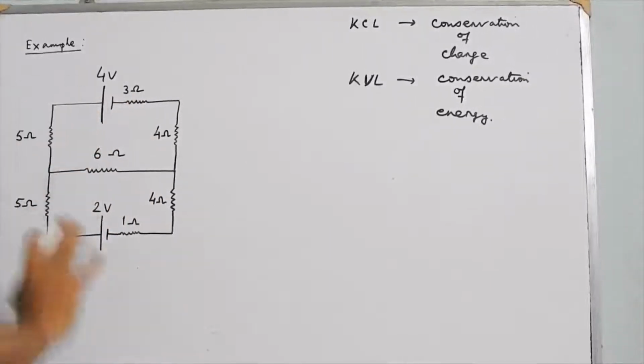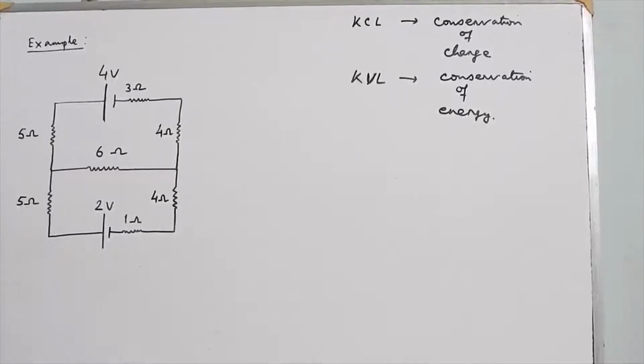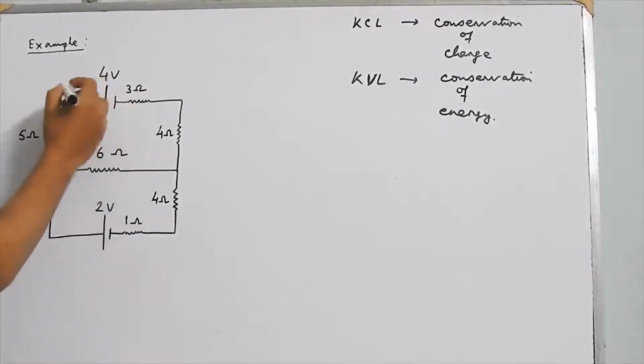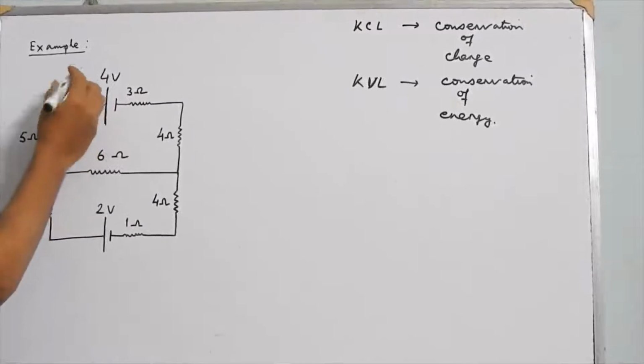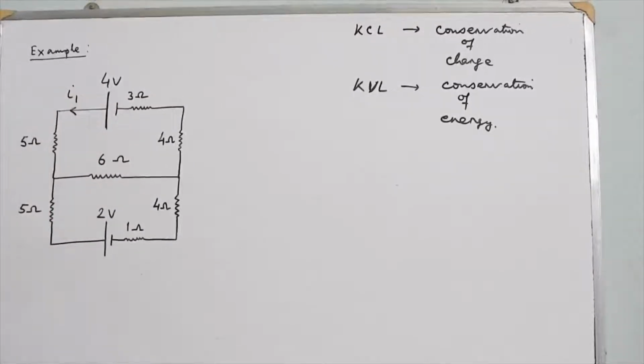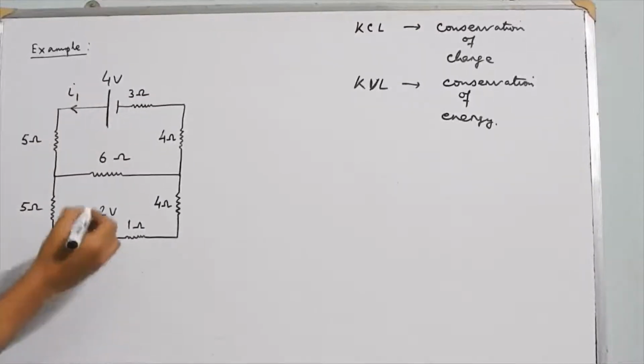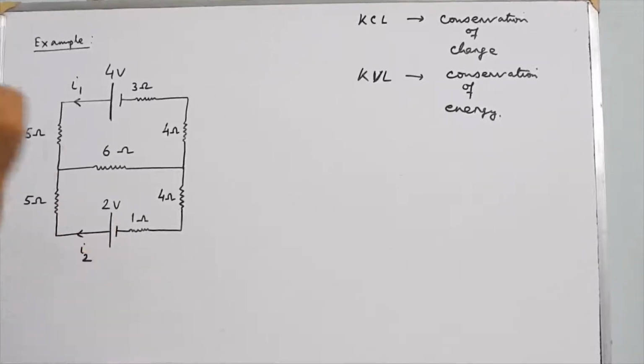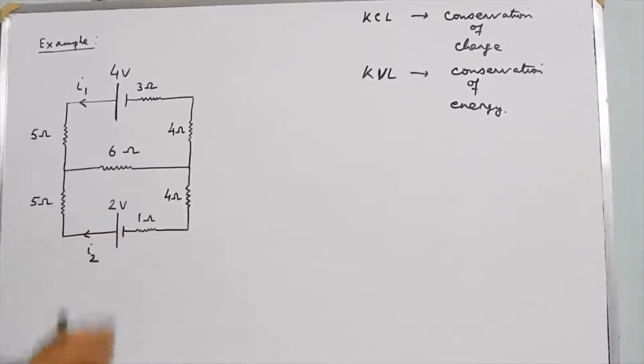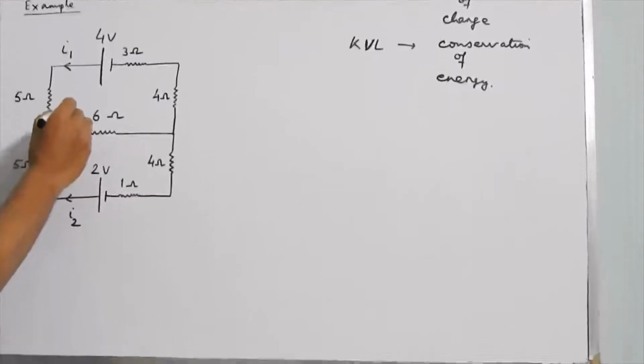So we want to find the current flowing through the circuit. Suppose this battery or cell is capable of producing current I1 and this cell is capable of producing a current I2. Suppose through the 6 ohm resistance the current I3 flows.